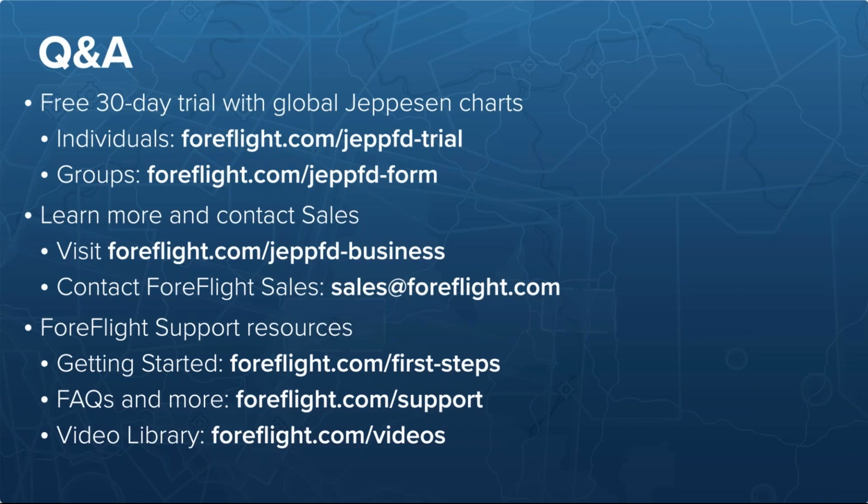Nav data, aeronautical data, obstacle data, terrain data, that is already included in the ForeFlight app. So there is no need to purchase a separate data subscription for ForeFlight. But it's just the Jeppesen chart coverage that you would purchase, or if you already have that you would link into the ForeFlight subscription after you purchase the app.